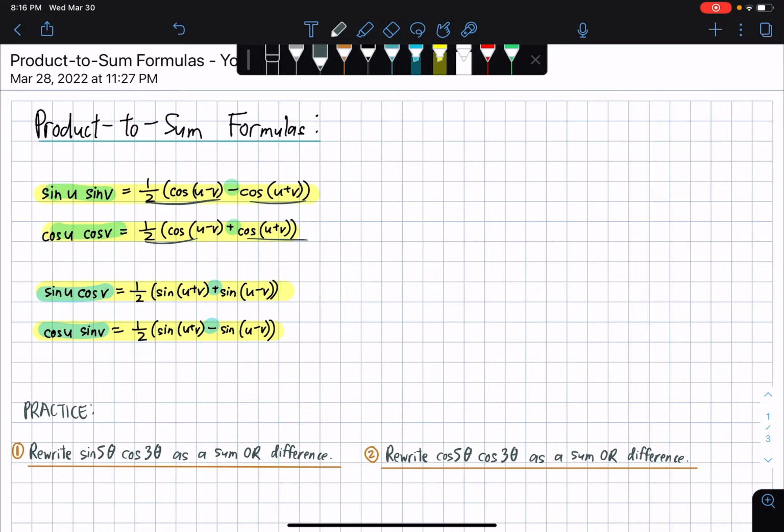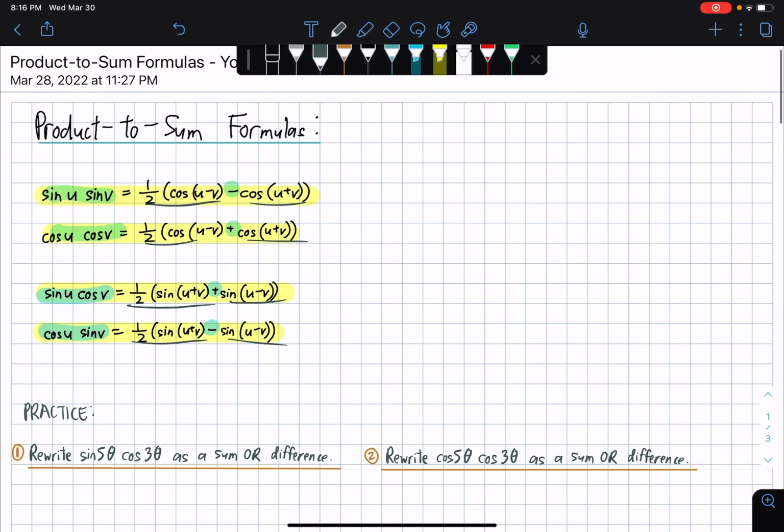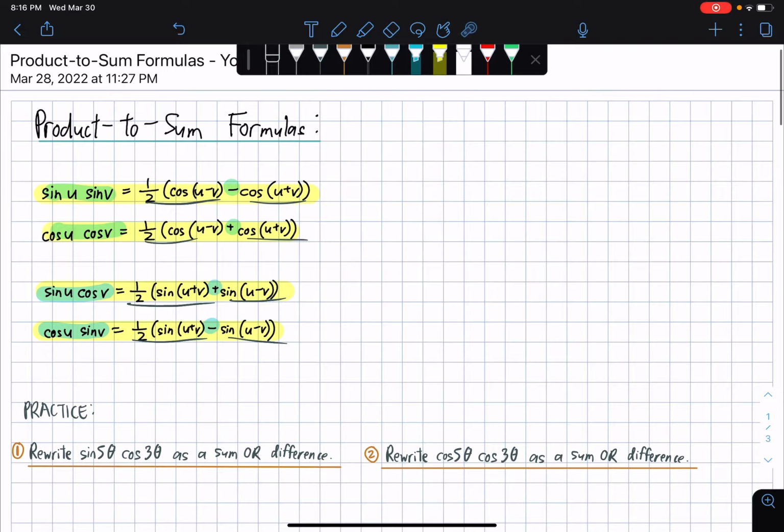And of course, the rest is basically copied. So that's my suggestion to help you memorize the product to sum formulas, should you want to memorize them. Although I think it's mandatory for you to memorize these formulas once you enter college, especially if you want to major in mathematics.